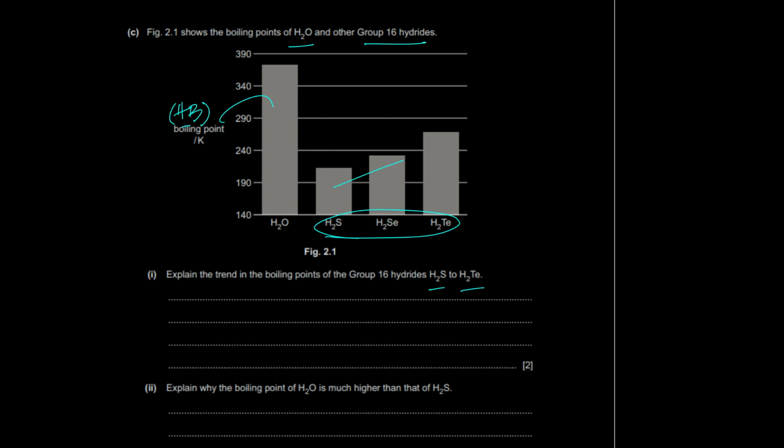What's this trend? Well, I know that the boiling point is increasing. Why is it increasing? Because the number of electrons increases, and the number of electrons increasing means larger dipoles and therefore stronger van der Waals due to ID-ID interactions or stronger London dispersion forces, right?